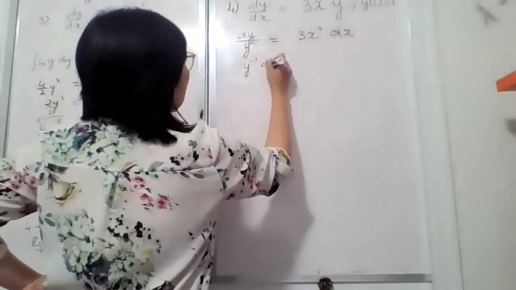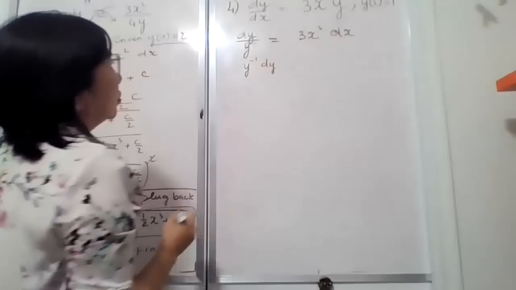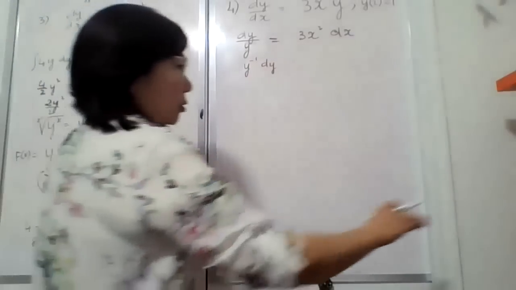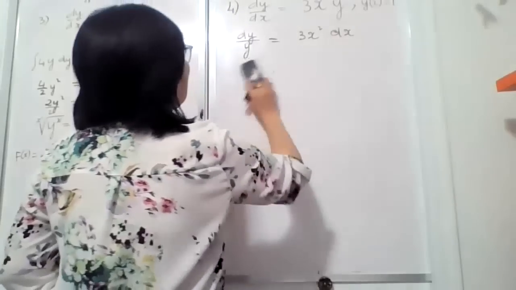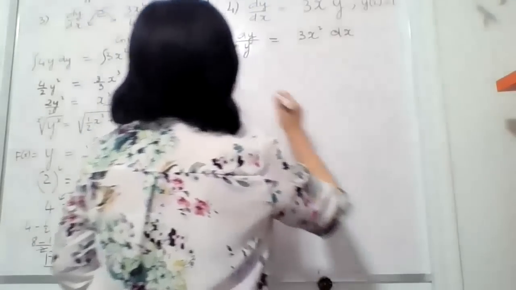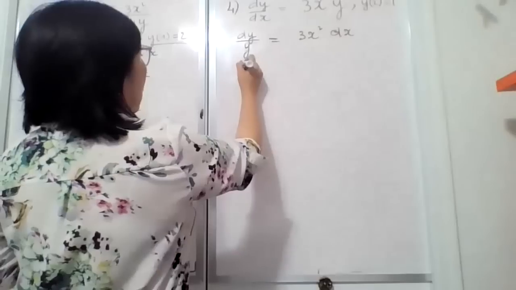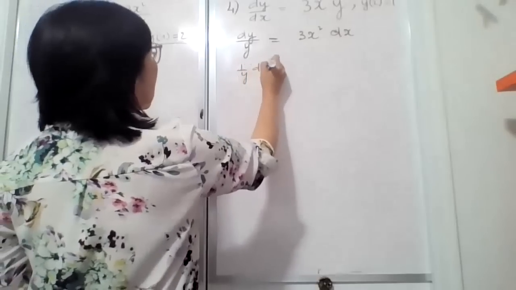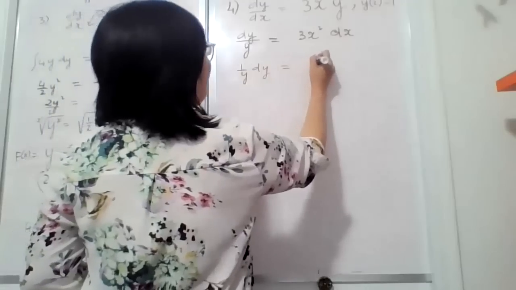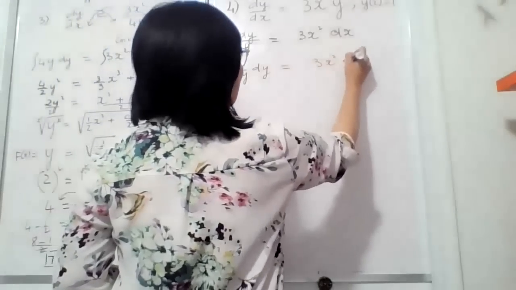Minus 1 dy. You know what? Let's leave it like this for now. So I'm going to say 1 over y dy equal 3x squared dx.